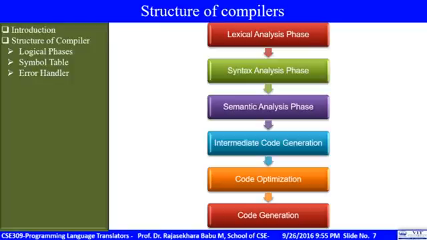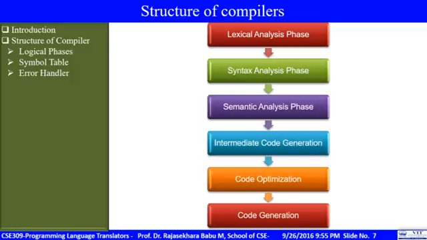If you look back at olden-day books, you may not find the 6 phases, you may find only 5 phases. The lexical analysis phase, then syntax analysis phase, going directly to the intermediate code generation, code optimization and code generation. There is no separate semantic analysis phase. Part of the semantic analysis was with the syntax analysis phase, and part of it with the intermediate code generation.